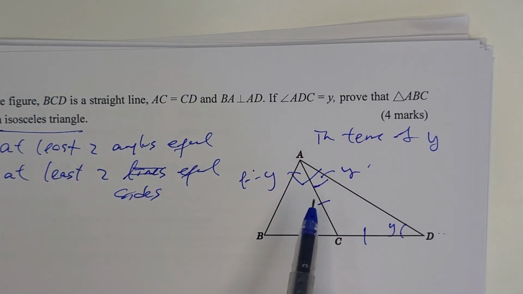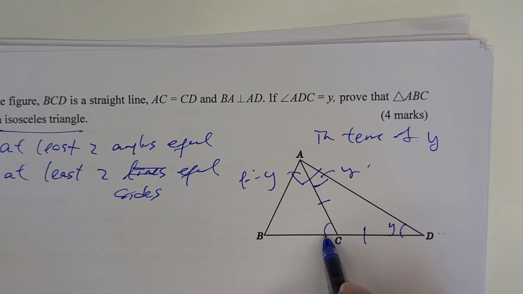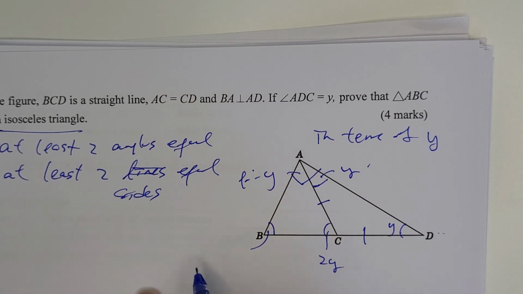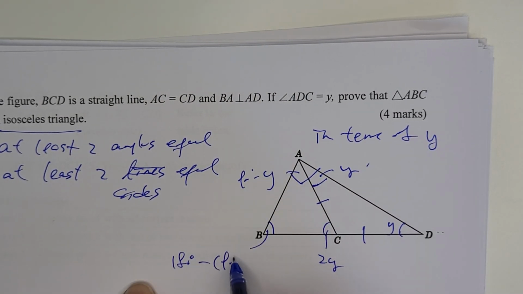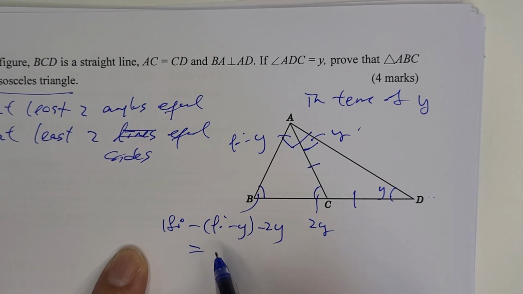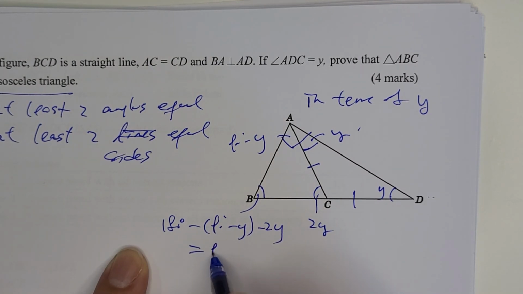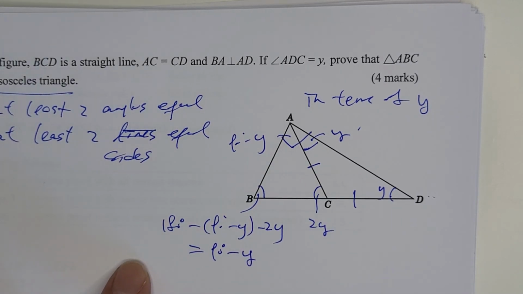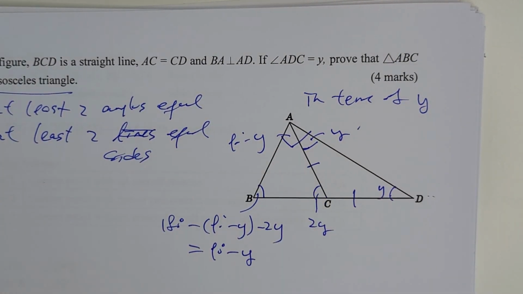On the other hand, when you add these two up, this will be 2y. So finally, this angle B will be 180 degree minus its top angle, 90 degree minus y, and then minus 2y. Then you will find that is 90 degree minus y again. So that means AC and BC are equal.